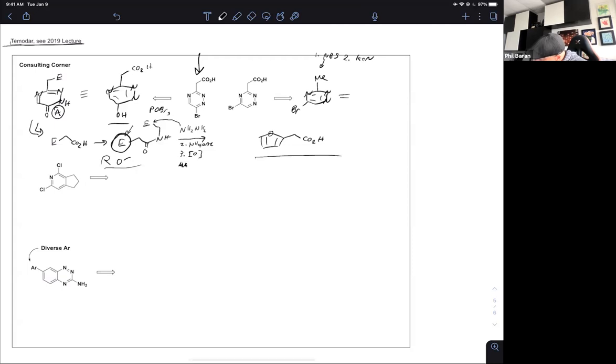And the reason we propose this for this case is if you look, you'll find that this is actually readily available. Actually, it's commercial and pretty cheap.